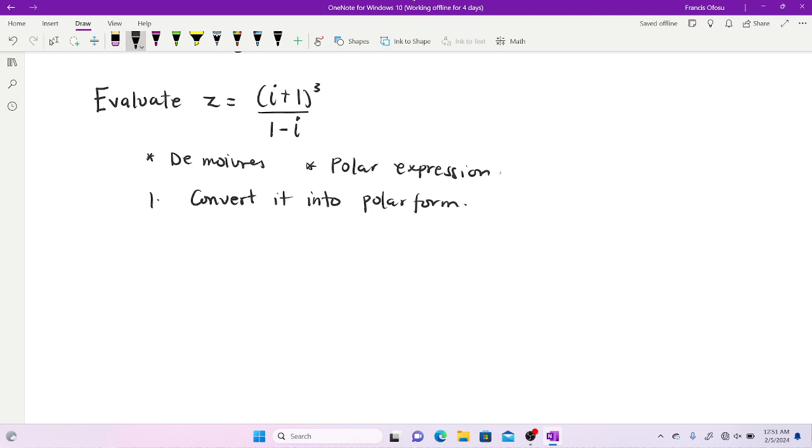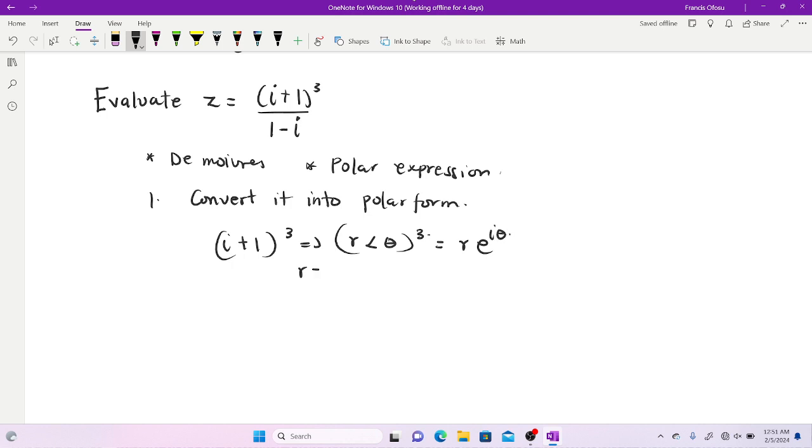In the polar form, i + 1, that is what is inside here, all to the power 3 will be equal to r angle theta all to the power 3, which is also r e to the power i theta.